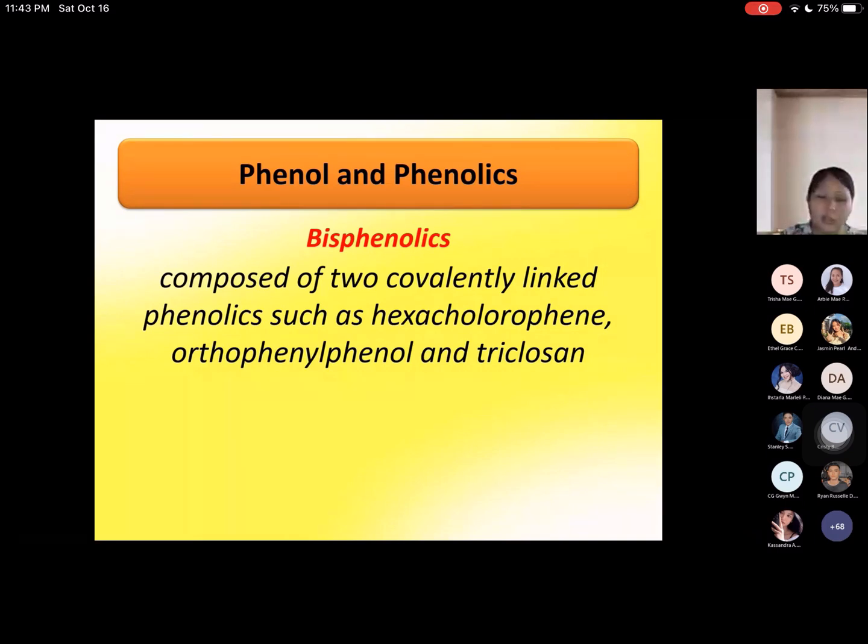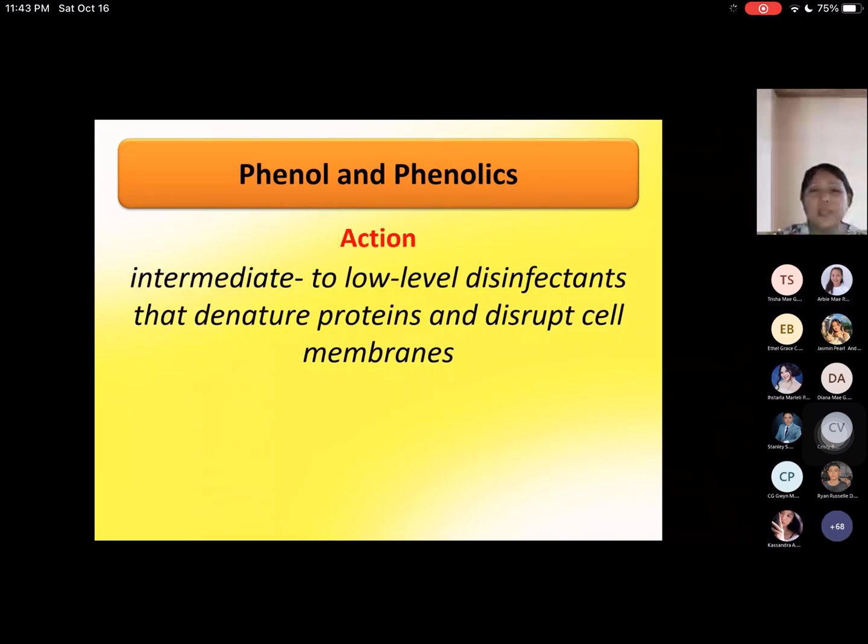That is triclosan. Okay, for the action of phenol and phenolics, they are intermediate to low-level disinfectants that denature proteins and disrupt cell membranes. Like what I've said, the phenolics exert antimicrobial activity by injuring the lipid-containing plasma membrane, which results in leakage of cellular components. So that's the mode of action of phenolics.